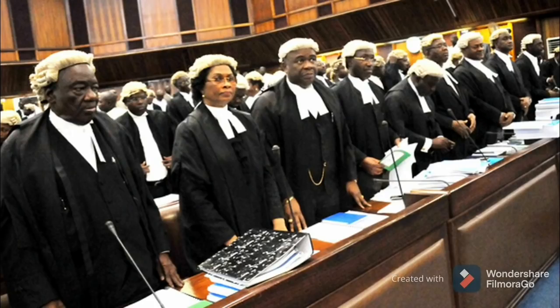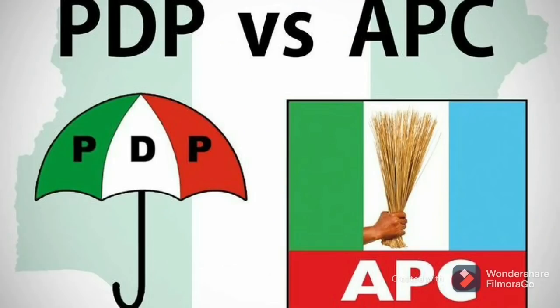Let's continue. At the resumed hearing of the case yesterday, following preliminary issues raised against it on December the 23rd, INEC produced a certified true copy (CTC) of Obaseki's nomination form through one of its legal officers, Mr. Omole Samuel.